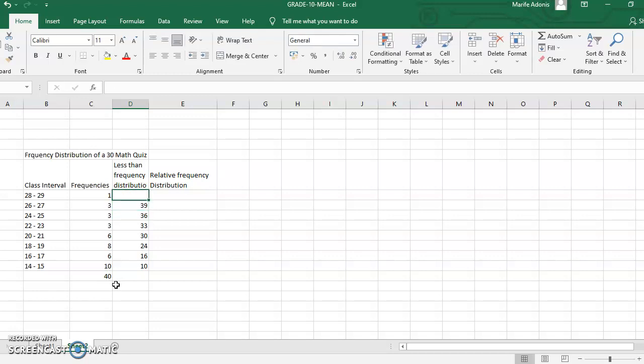And 39 plus 1 is equals to 40. So there are 40 students who took the 30 math quiz.